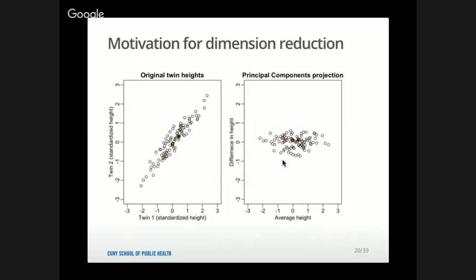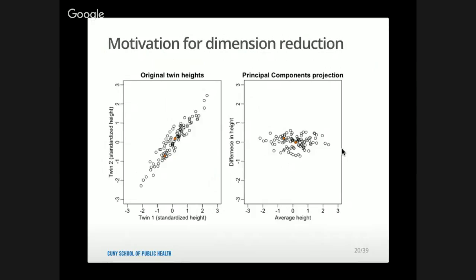So the thing to take home from this is that we have achieved a form of dimension reduction where we lose a little bit of information, but not too much, through a rotation. We've rotated from a 45-degree relationship between the heights of the two twins to one where one axis is the average height and the other is the difference in heights.